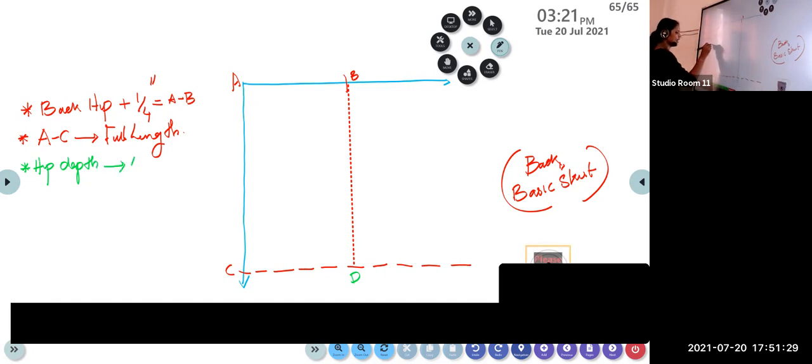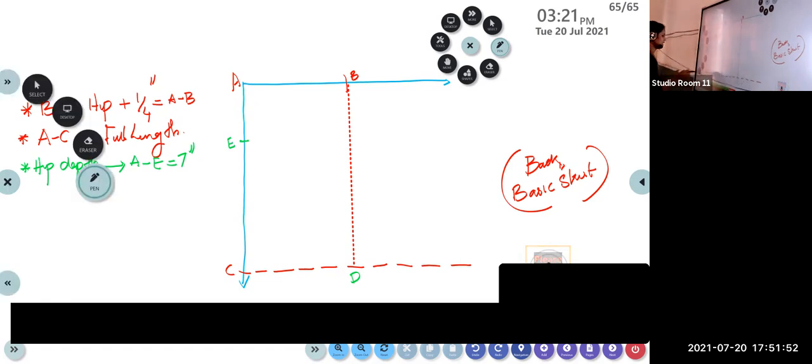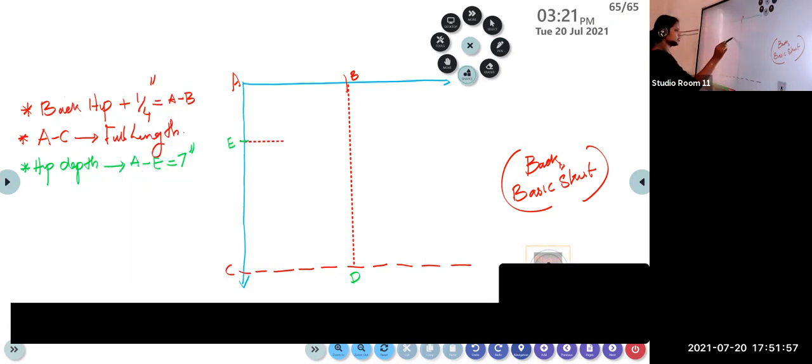That is, A to E is equal to 7 inches. I'm going to mark this on line AC and name the point E. And now I'm going to extend this point onto BD.